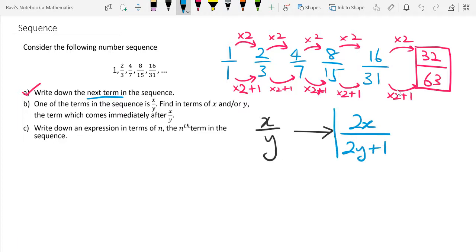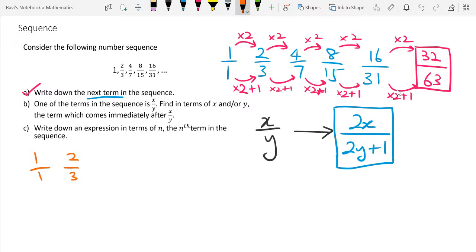This relationship is what we established from part A. The interesting part of this question is that for part B, we actually have multiple answers. This is just one possible relationship. So let's examine the sequence again to look at other possible relationships.